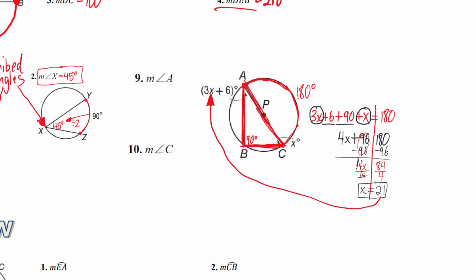And then 63 plus 6. 69 degrees. And then if I take 21 for angle C and I plug it in right there, well, that's just x. So how big is angle C? It's 21.